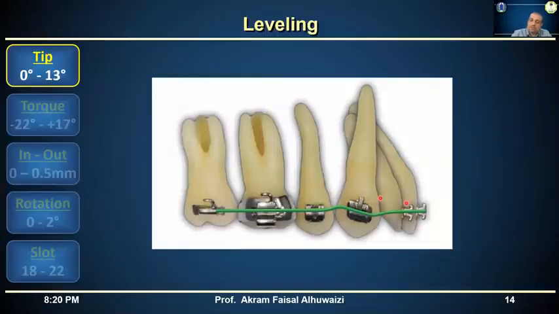Now, I'll give examples. When we're leveling in non-extraction cases, in many cases you'll find that the canine is distally tipped.